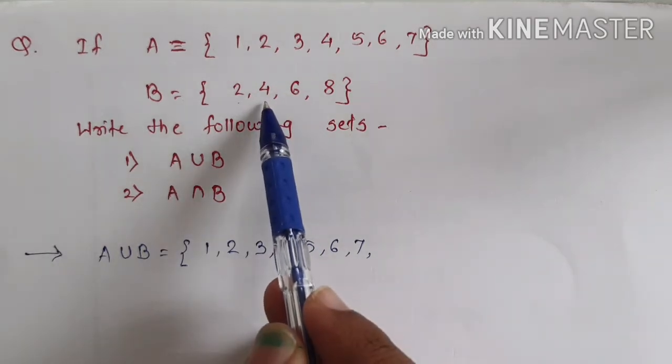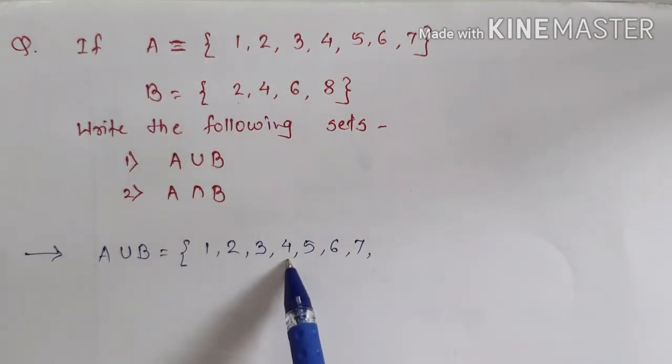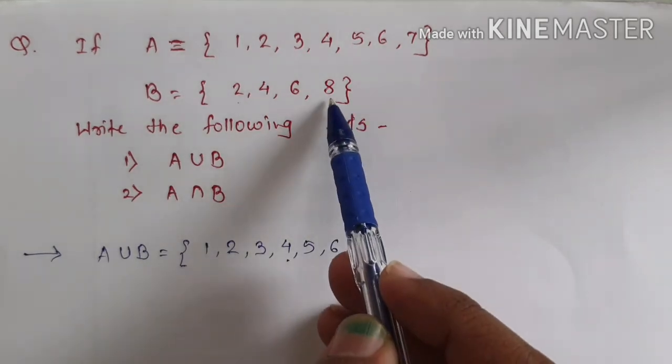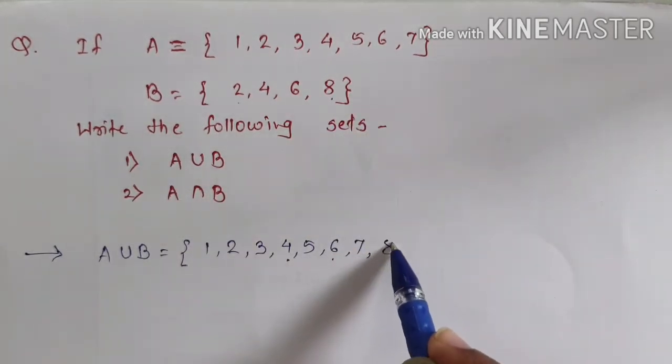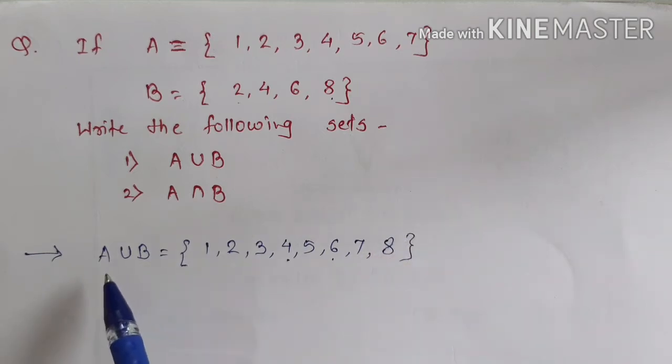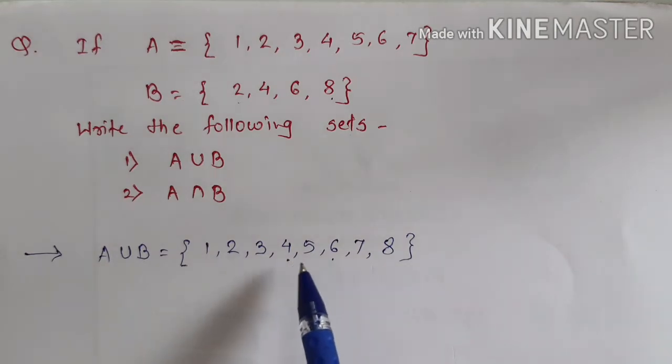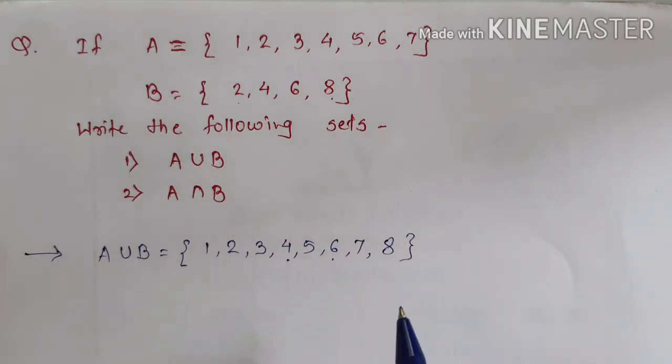Further we have 4, which we have also taken, so we can skip it. Again 6 is also taken. So the only extra element is 8, so we can write here 8. So the A union B, that is union of these two sets, is {1, 2, 3, 4, 5, 6, 7 and 8}. So this is the first one, union.